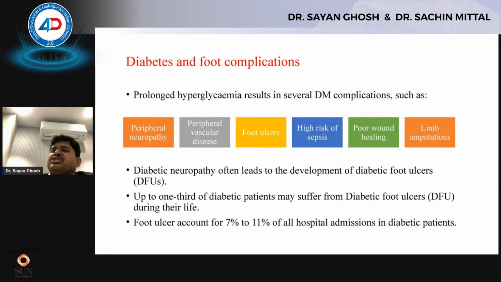In a diabetic patient, if the glucose level is very much uncontrolled, those patients have a very high risk of sepsis. There is a much increased chance of infection in the ulcer, causing some purulent discharge or a non-healing ulcer. If the ulcer is infective, it will not heal properly. So there is poor wound healing.